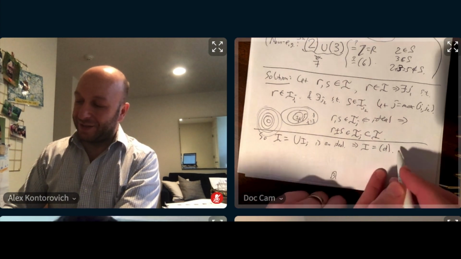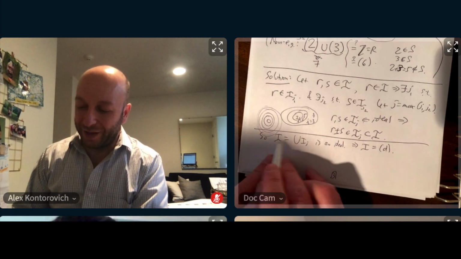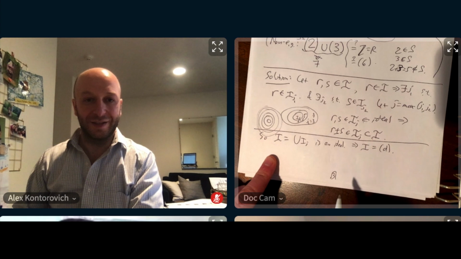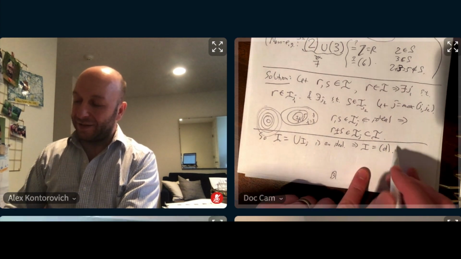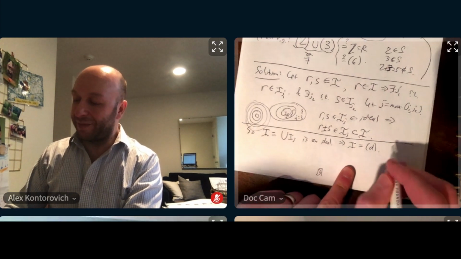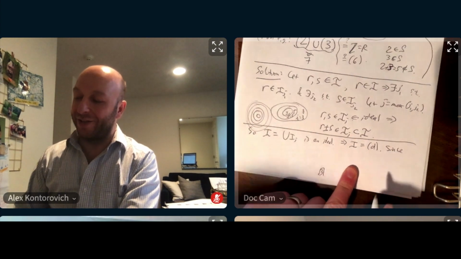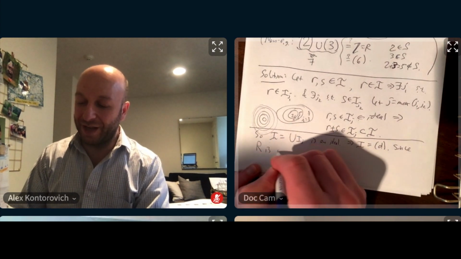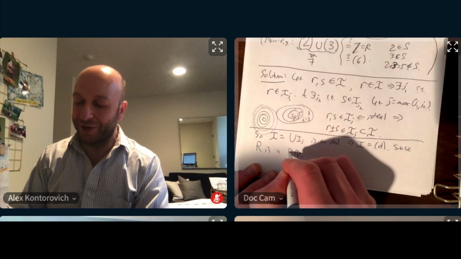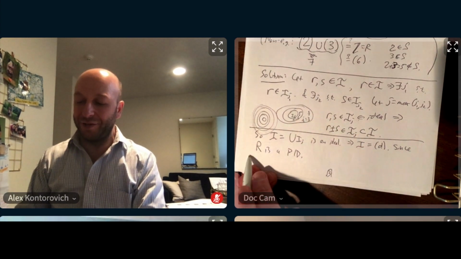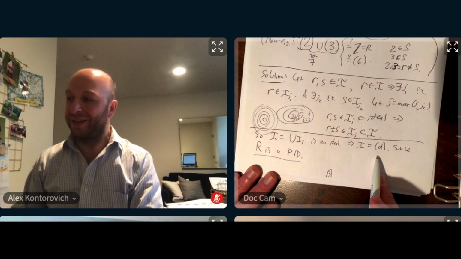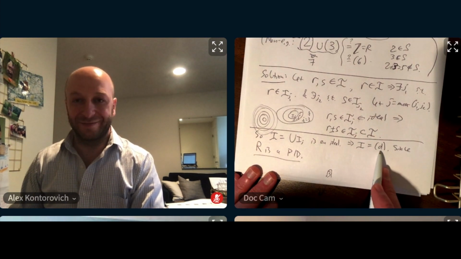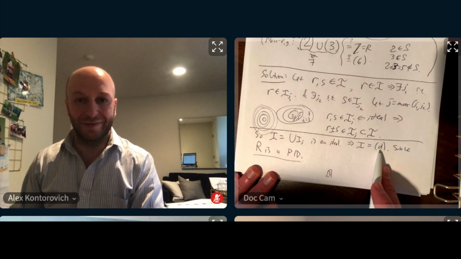So if we take the union over all these ideals, we get an ideal. That was this exercise. And that ideal is generated by somebody, since every ideal is generated by a single element, since R is a principal ideal domain. That was our assumption. So we're very heavily using that R is a principal ideal domain to get the fact that this is generated by a single element.